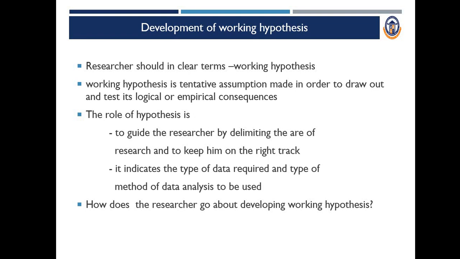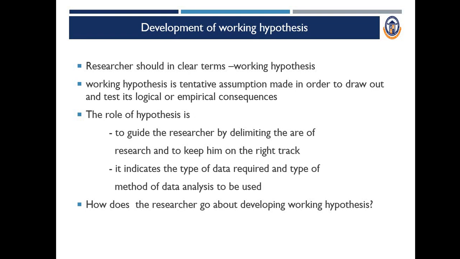So a working hypothesis is a tentative assumption made in order to draw out and test its logical and empirical consequences. The role of hypothesis is to guide the researcher by delimiting the research area or keeping him on the right track, which means you need not get deviated from the research issue, and the researcher needs to be on track in the research process.